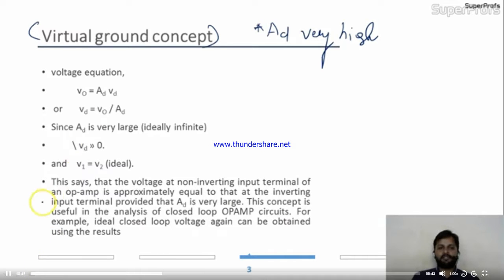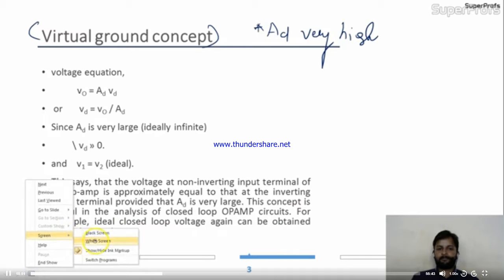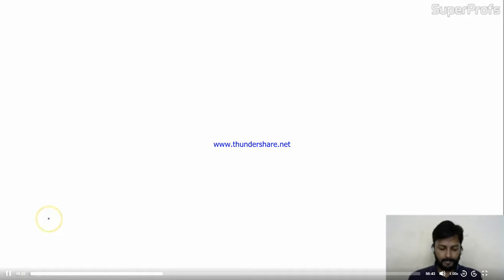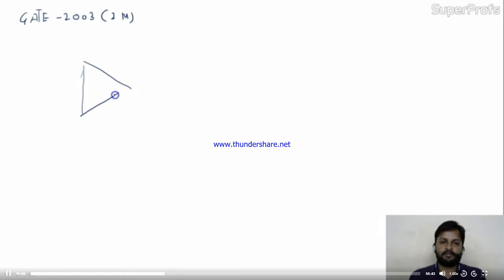Based on this virtual ground concept, let me take some problems. This is a GATE 2003 question, 2 marks. Today we started problems based on op-amp.